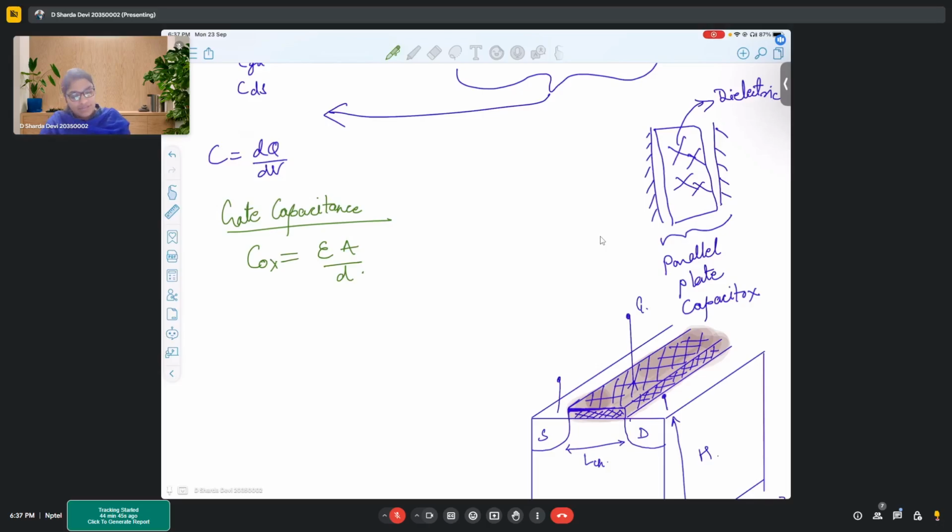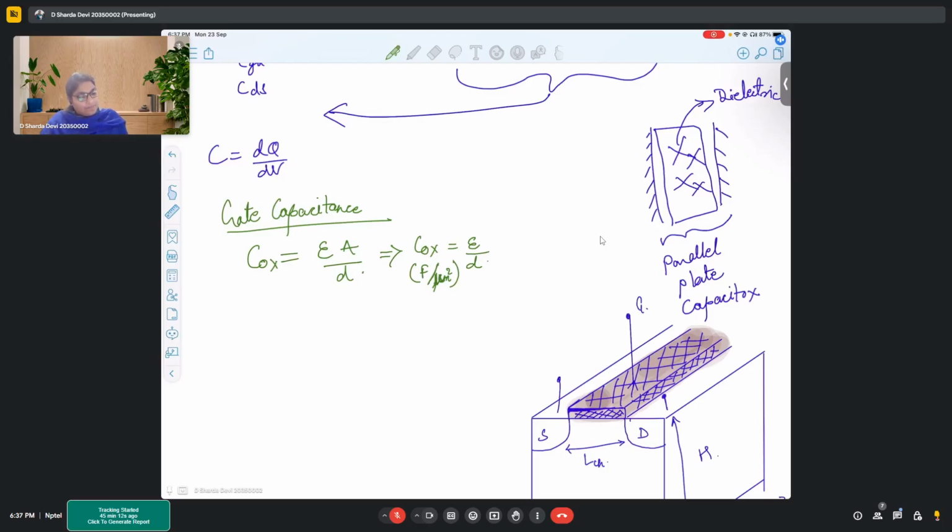So that's why we generally ignore the area. We just write Cox as epsilon upon D, where Cox is in farads per centimeter square or meter square or micrometer square, depending on the units, right? So it is a per unit area capacitance.